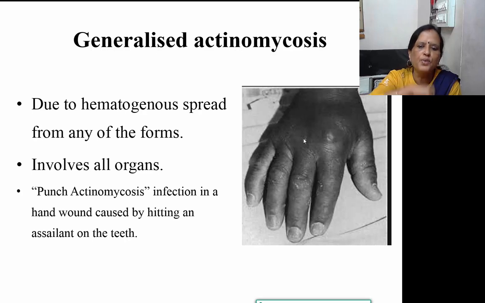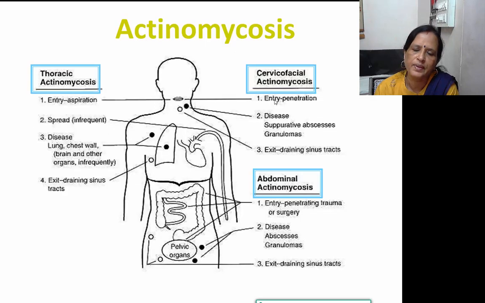A hand wound caused by hitting somebody or an assailant on their teeth. So it causes injury plus gives a gift of the organisms. That is punch actinomycosis. So look at this picture, self-explanatory: thoracic actinomycosis, cervicofacial, abdominal, and even the pelvic organs are shown here.